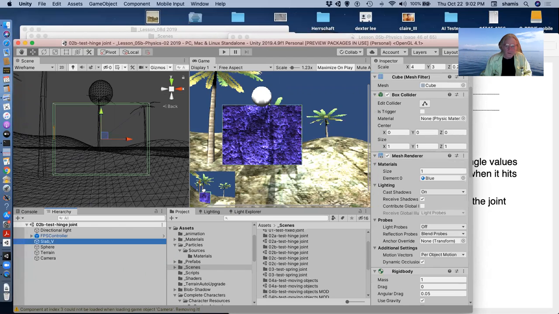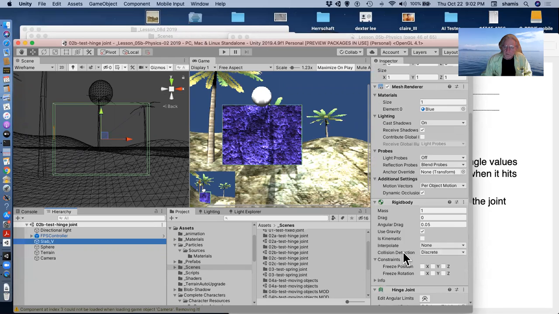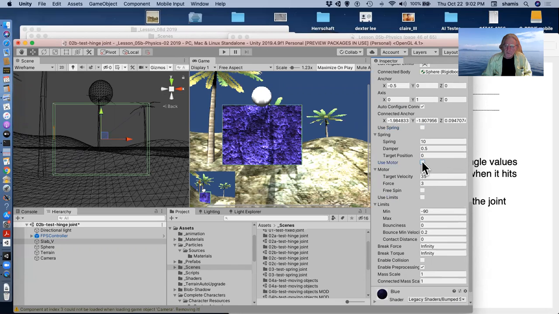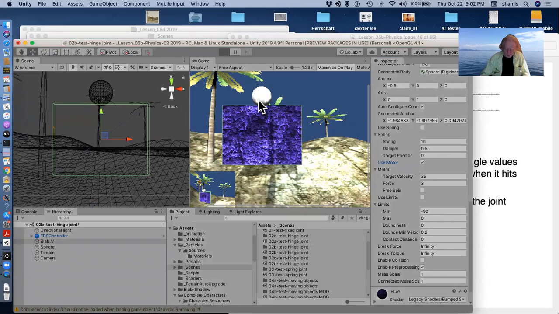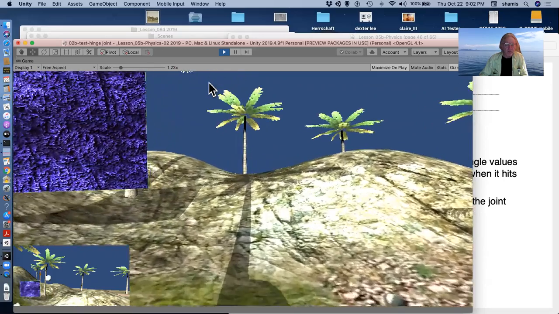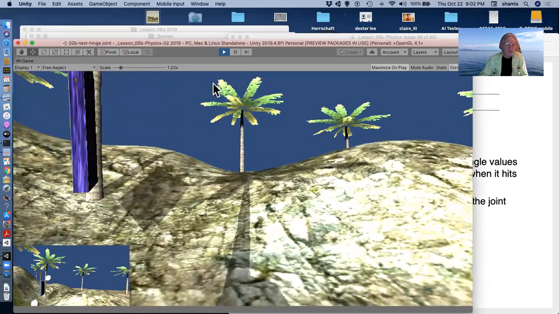My slab, I don't think I have an example of this, but if I turn off limits, turn off spring, and turn on motor, now I have a target velocity and a force. Strictly speaking, it's a torque, and the free spin, and this now will make my door spin around at 35 degrees per second.